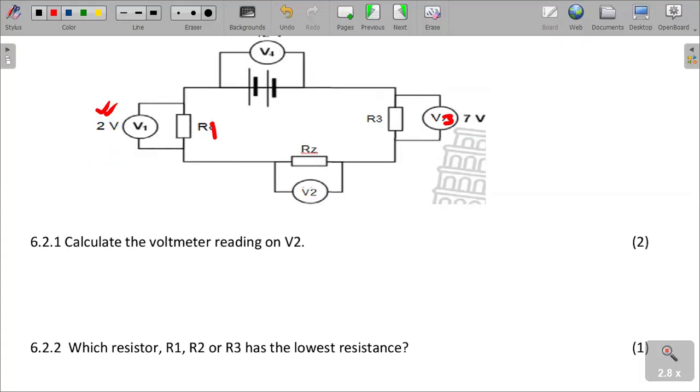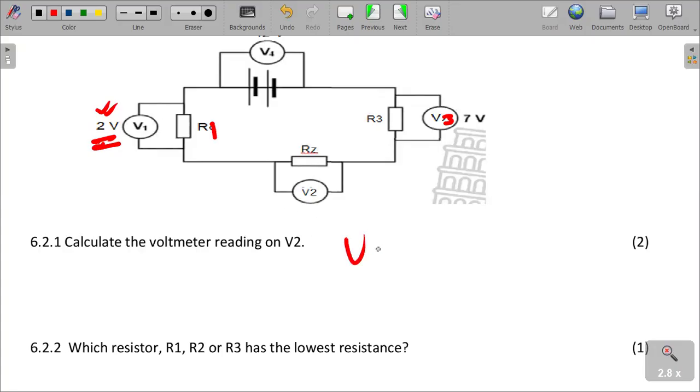So now the question is saying calculate the voltmeter reading on V2.